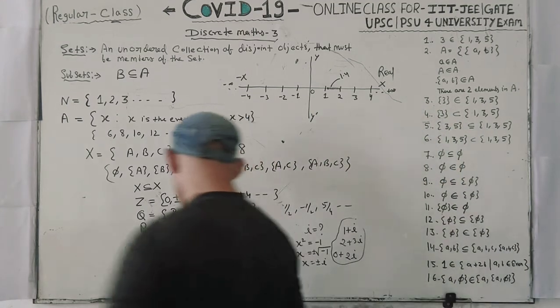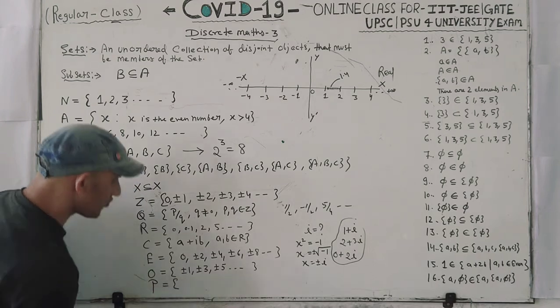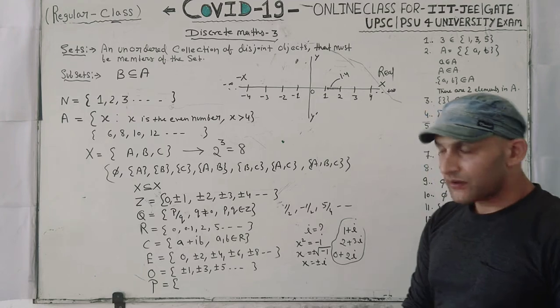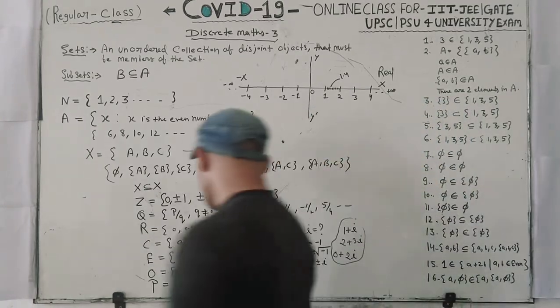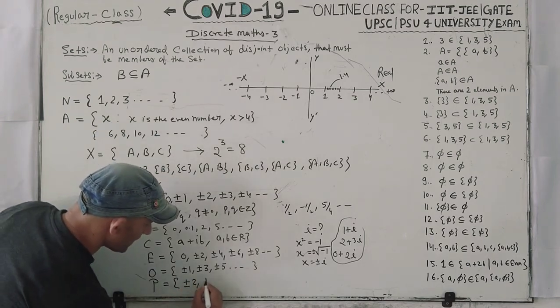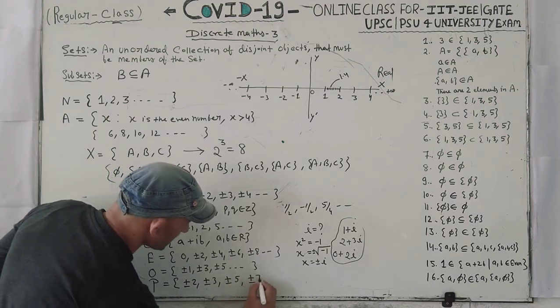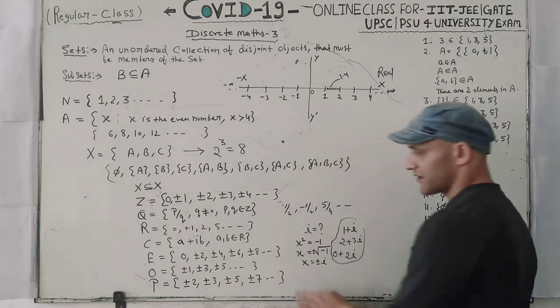And at last, prime numbers. A prime number has only two factors, 1 and itself. So it starts from 2, plus minus 2, plus minus 3, plus minus 5, plus minus 7. All these numbers have only two factors.